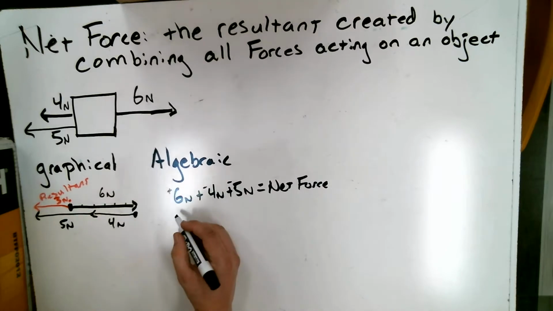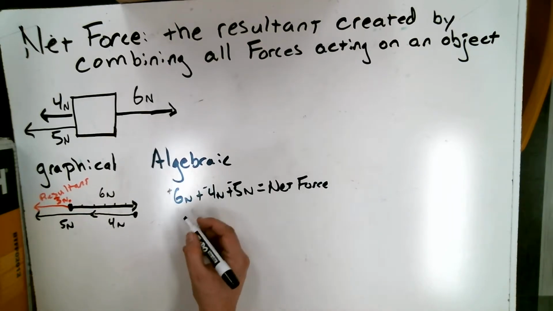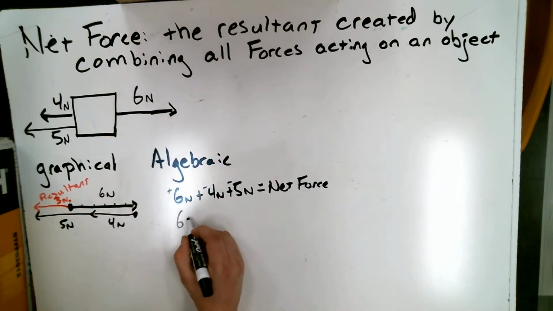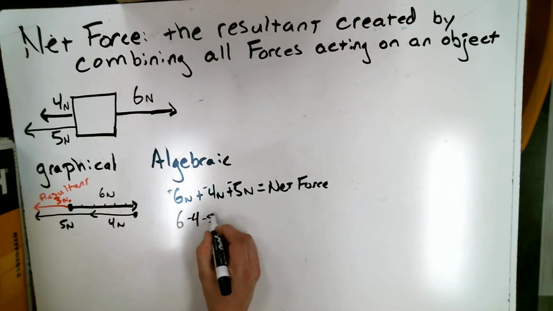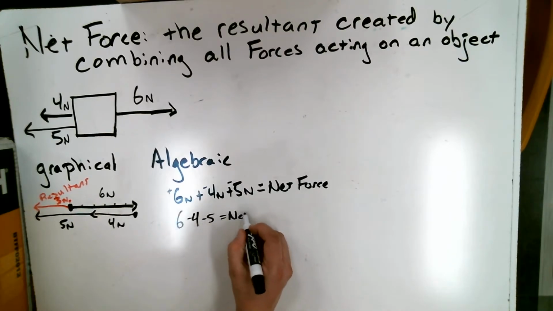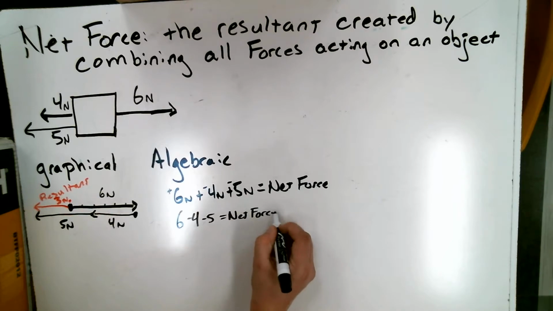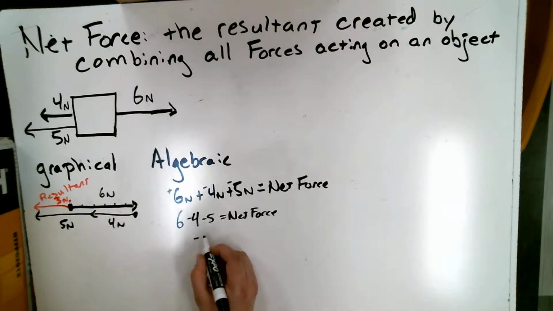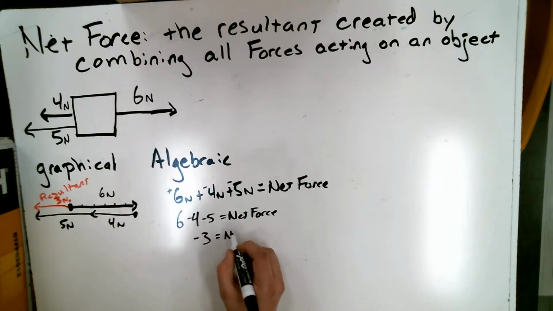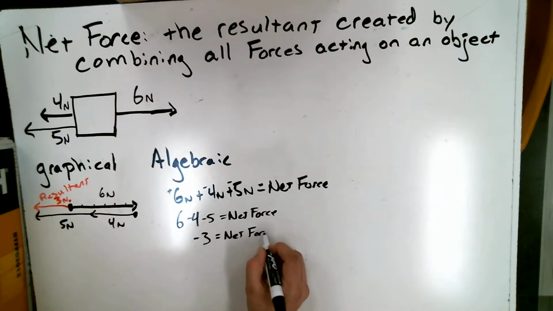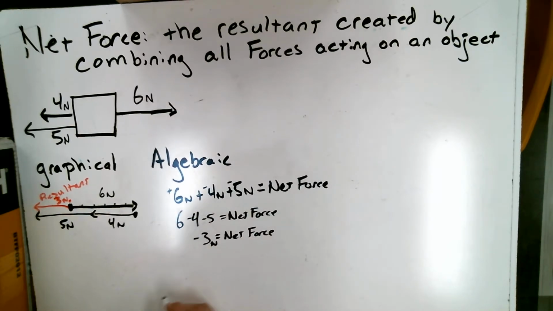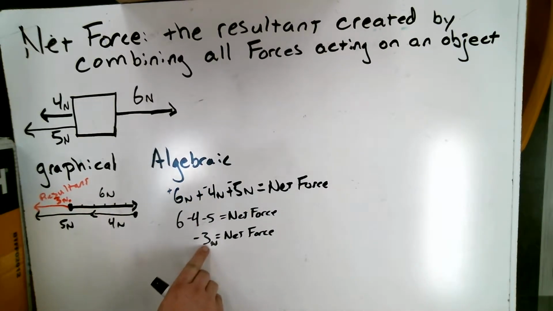So this turns into, dropping the units for clarity, 6 minus 4 minus 5 equals my net force, or negative 3 equals my net force. Let's put the units back in. I get the same answer. The negative tells me it's going to the left, and the 3 agrees with what my resultant was on the other one.